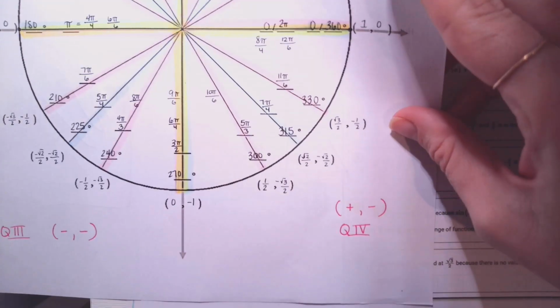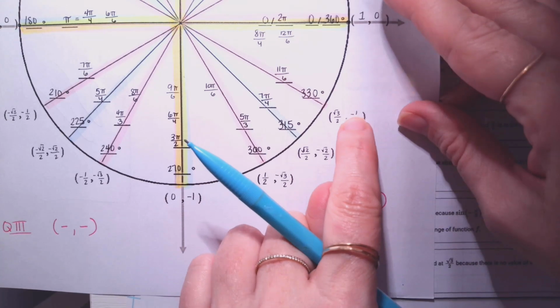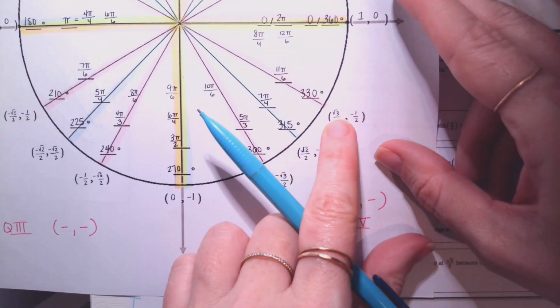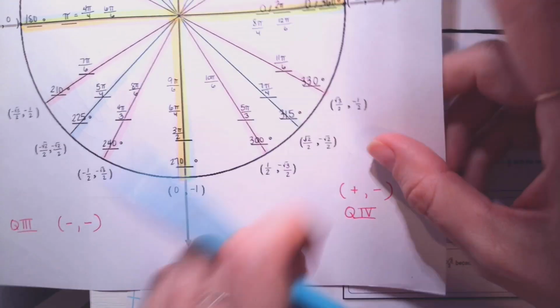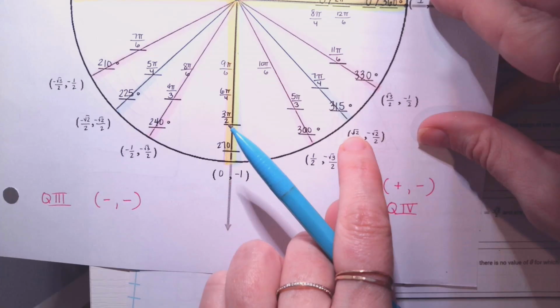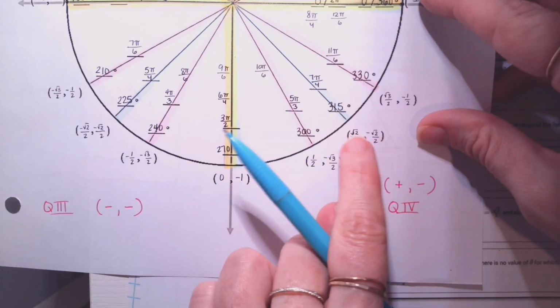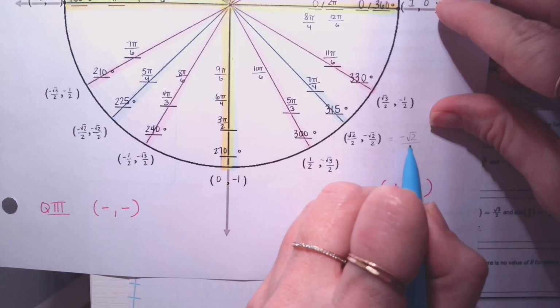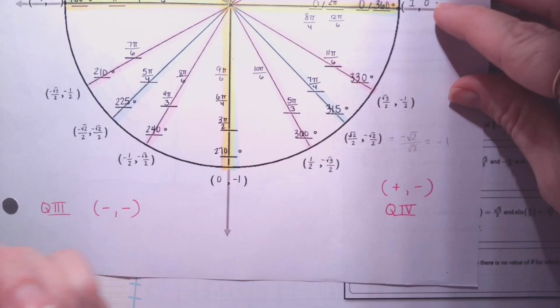But if I look down here, if I did this y numerator divided by this x numerator, that would be -1 over square root of 3, which is not -1. If I did this y numerator over this x numerator, I would get -√2 over +√2, and -√2 over +√2 is going to simplify to -1.